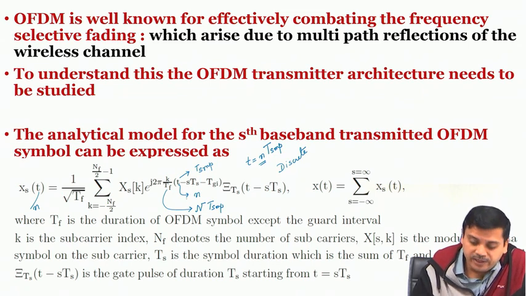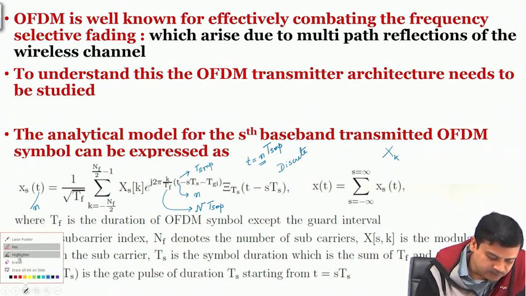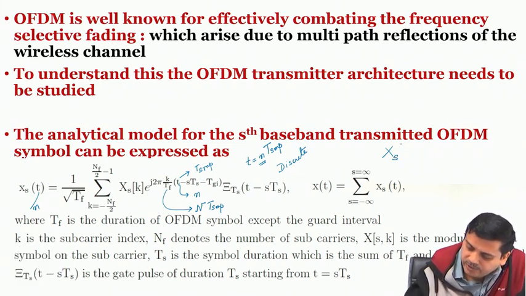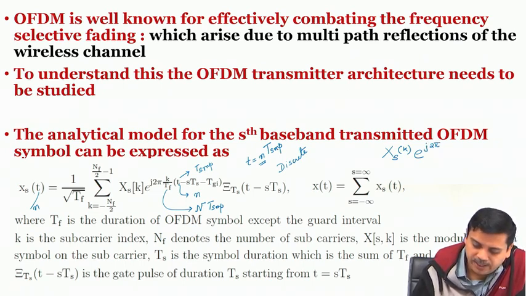Okay. So, effectively when we look at this particular expression, one will be getting x[k], sorry, the notation for the s-th OFDM symbol, k-th subcarrier, e to the power of j 2 pi. Now, n multiplied by T_samp.